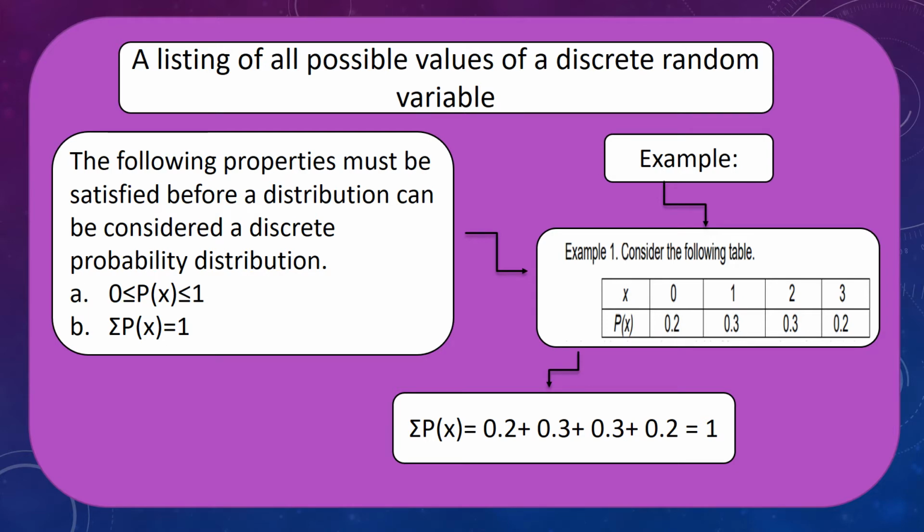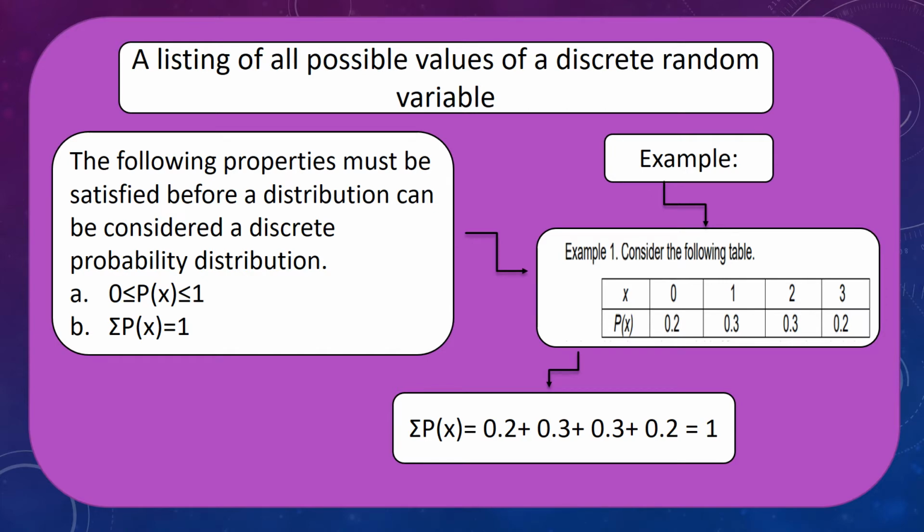So as you can see in the table, the random variable x assumes the values of 0, 1, 2, and 3. Then the corresponding probabilities of these values are 0.2 plus 0.3 plus 0.3 plus 0.2, which is equal to 1.